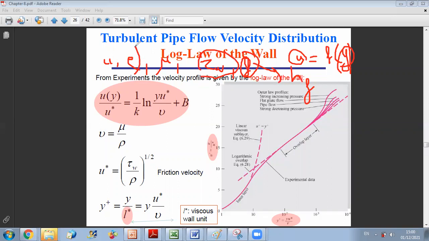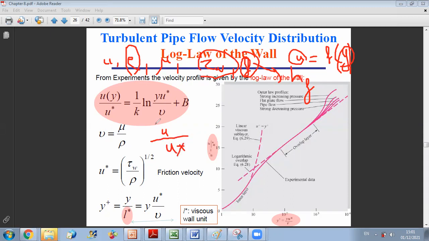We can first define what we call a friction velocity, u star, which is tau over rho to the power 1/2, so that u over u star is a dimensionless number.